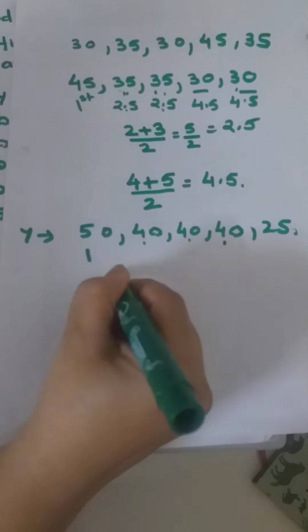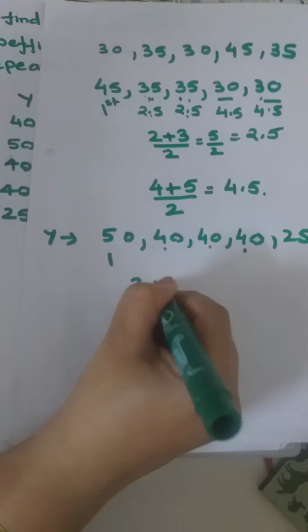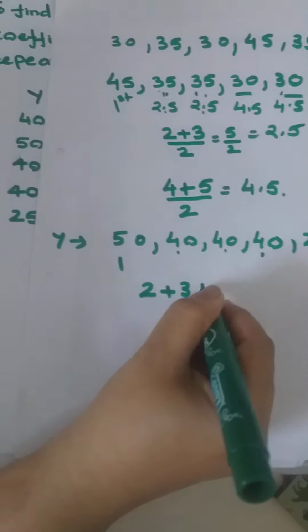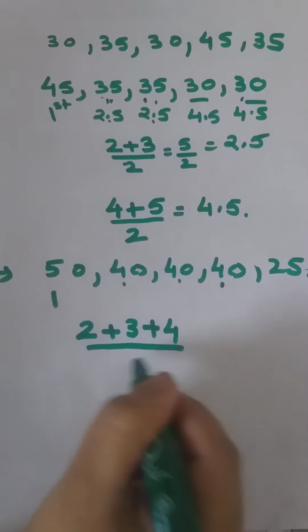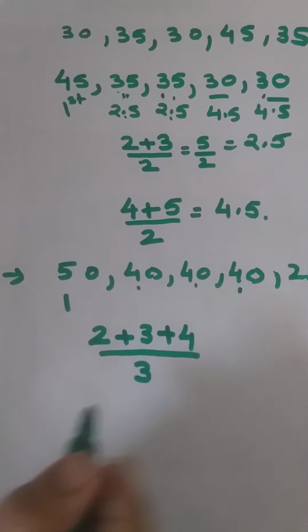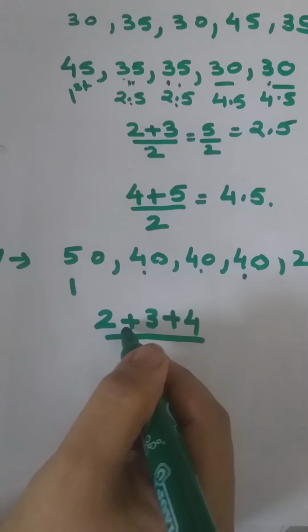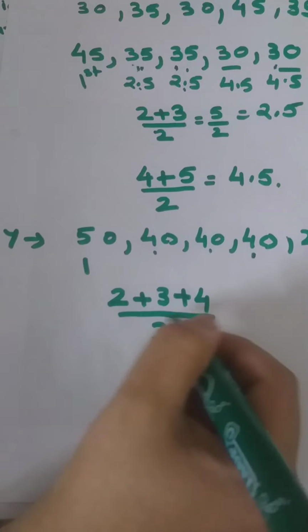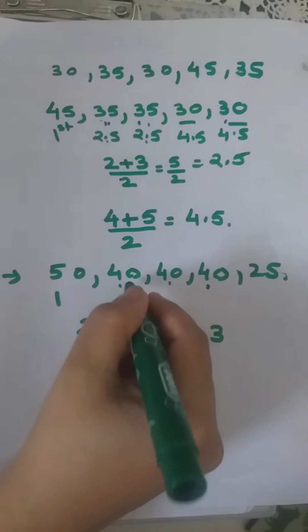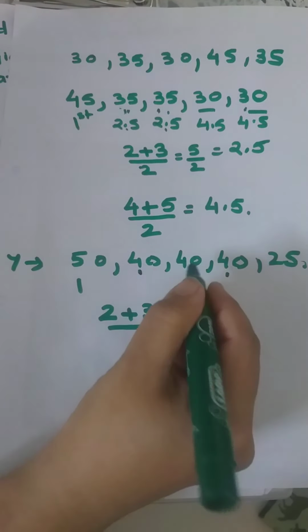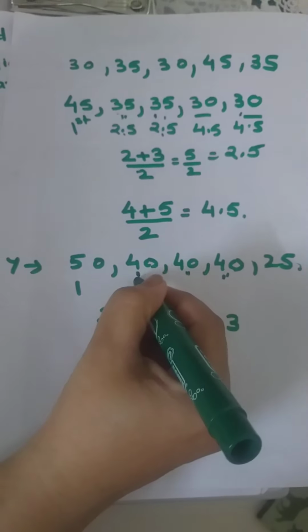So we take the average of 2 plus 3 plus 4, and how many times is it repeated? It is 3. So 3 plus 2 is 5, 5 plus 4 is 9, 9 divided by 3 comes out to be 3. So I give the ranks to these observations as 3, 3, 3.